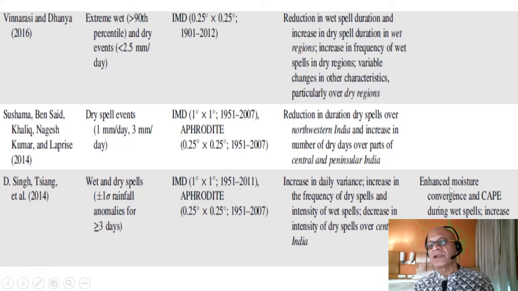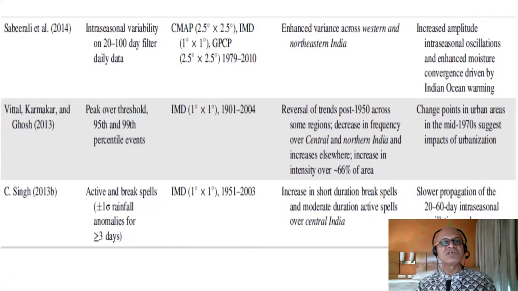This is caused apparently by enhanced moisture convergence and convectively available potential energy during wet spells, increase in convectively available potential energy during dry spells, which is reducing their dryness intensity, and reduced vertical wind shear. Okay, so you are beginning to see some points emerging: dew points, moisture convergence, vertical shear, CAPE, and so on, which makes sense dynamically and convectively, right?